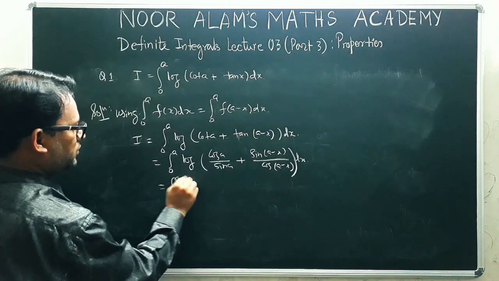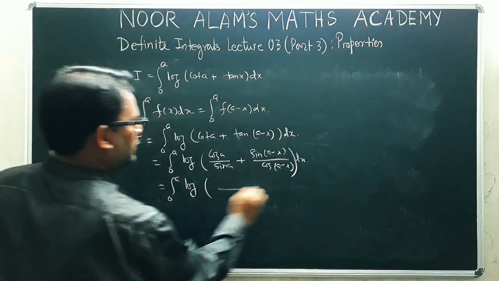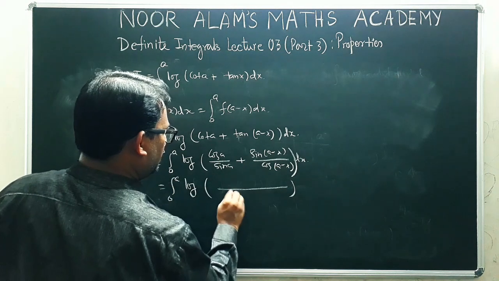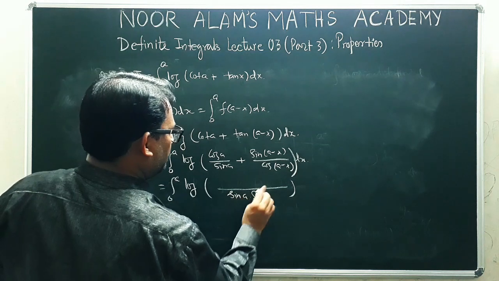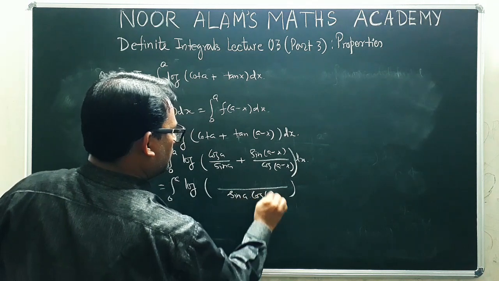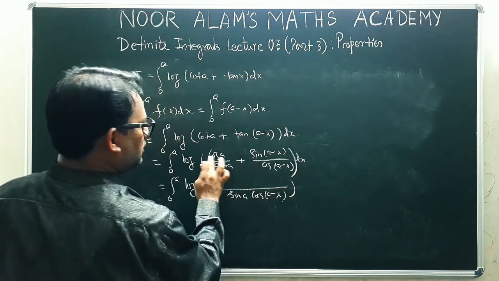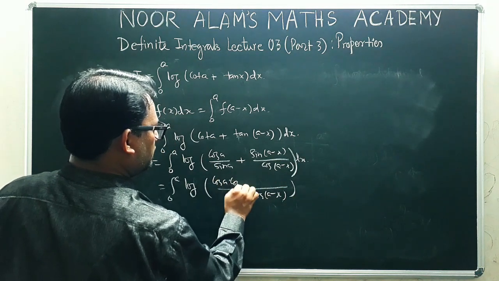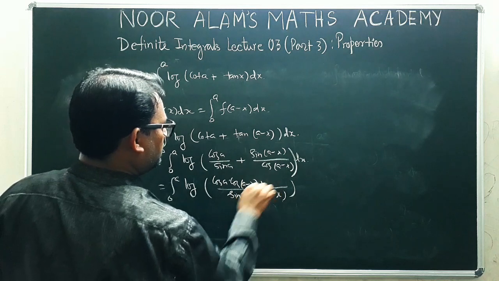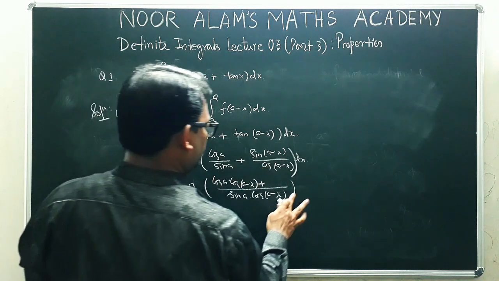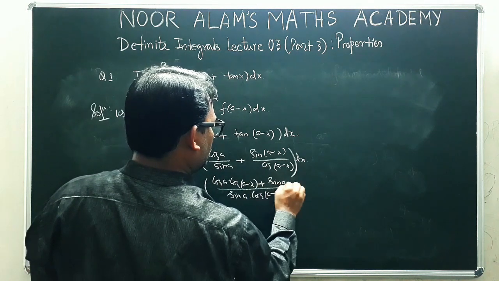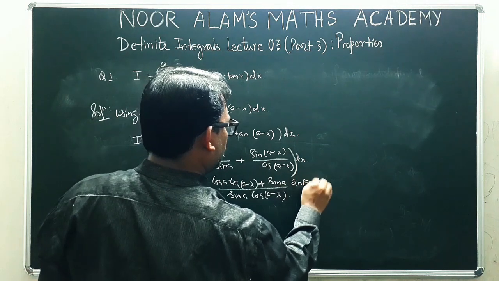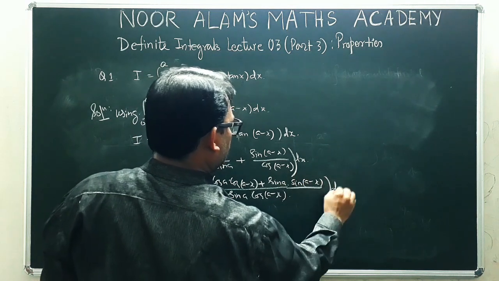Next we can write the integral from 0 to a of log of, taking the LCM, sin a multiplied with cos(a minus x), plus cos a multiplied with sin(a minus x), over sin a multiplied with cos(a minus x) dx.